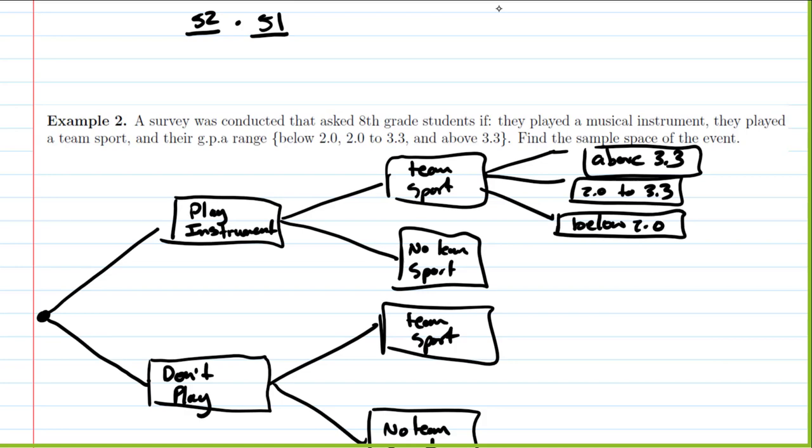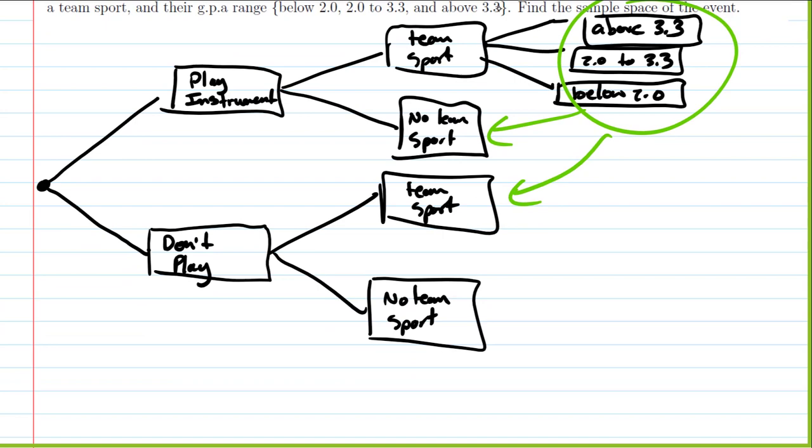But then what's going to happen? We're going to have the same thing for all of these, right? Because that's our stage 3. So then what would be all of our possible outcomes? Well, we would have to go to the end of each of these.